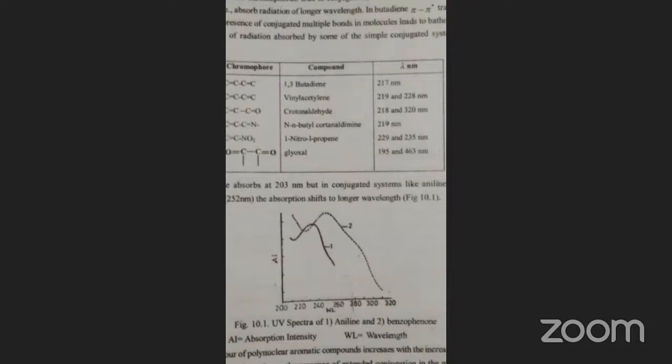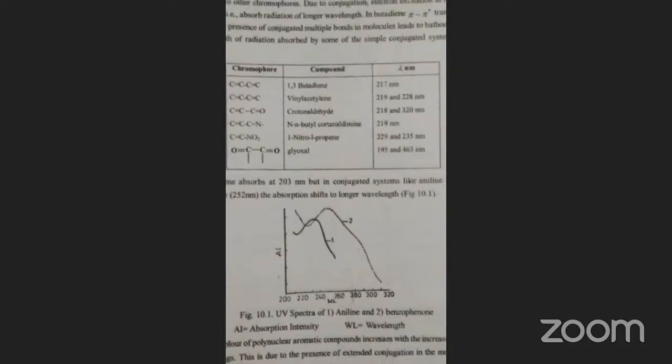Just like crotonaldehyde, it is between 128 and 320, and N-butyl crotonaldehyde absorbs radiation at 219 nanometers. 1-nitro-1-propane absorbs radiation at 229 to 235 nanometers.